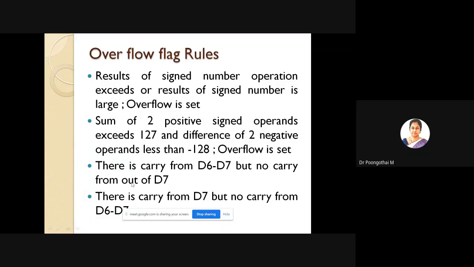So this flag is set after an addition or subtraction operation if the result in the accumulator is outside the 8-bit signed range, that is minus 128 to 127. In other words, when adding or subtracting two numbers, if the result is less than minus 128 or greater than 127, the overflow flag is set. Okay.